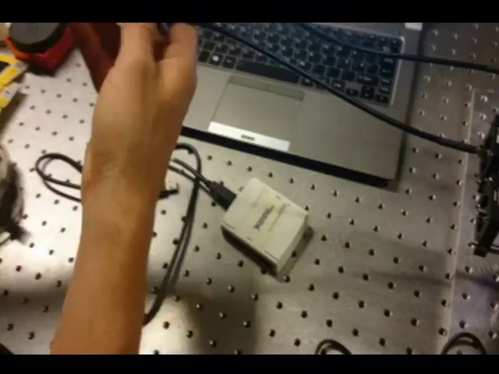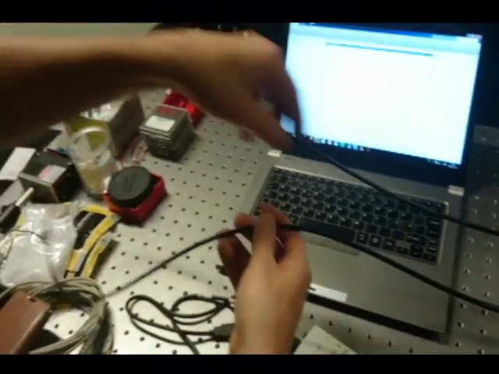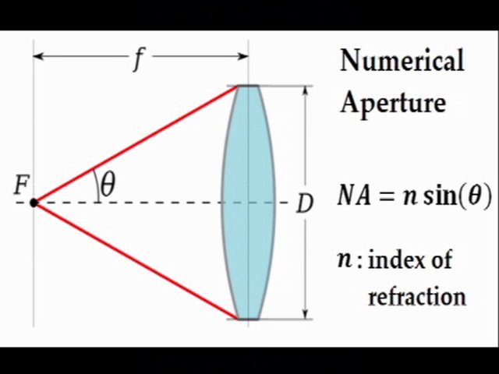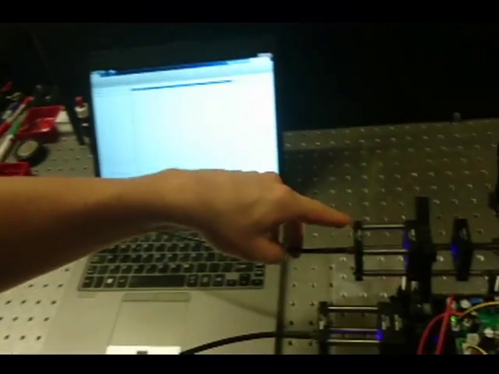The light goes through the optical fiber, and those fibers have a numerical aperture of 0.39 and a bend radius of 50 millimeters, so do not bend it too much. This is a diagram showing how numerical aperture is defined.